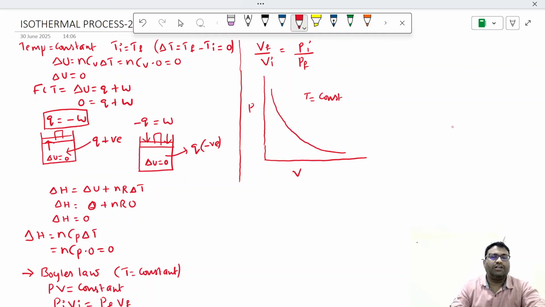If you want the slope for this graph, first of all we have to draw a tangent to this graph. So this is a tangent, a straight line drawn. Where it is intersecting the graph, let it be P0 and V0, right?